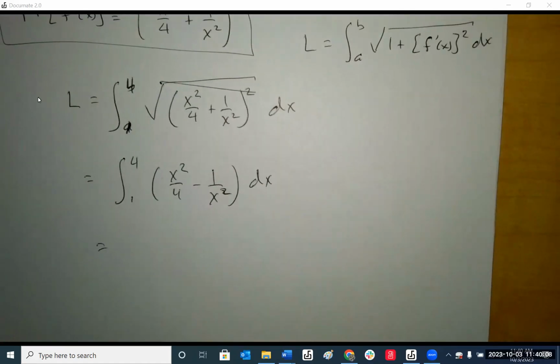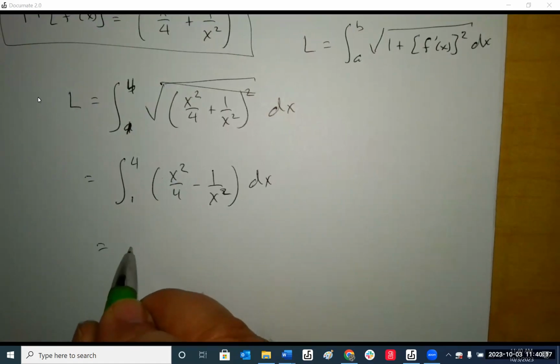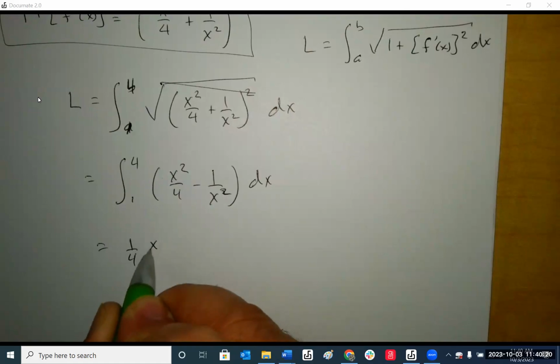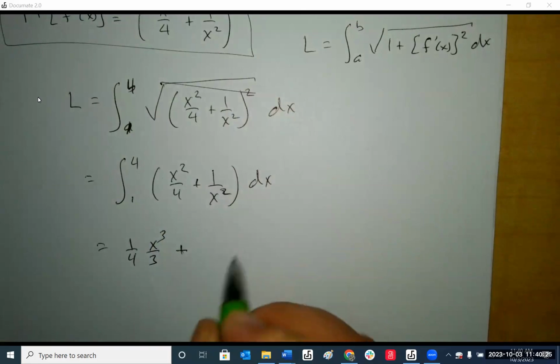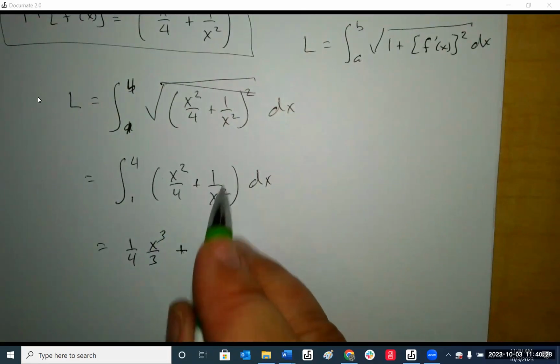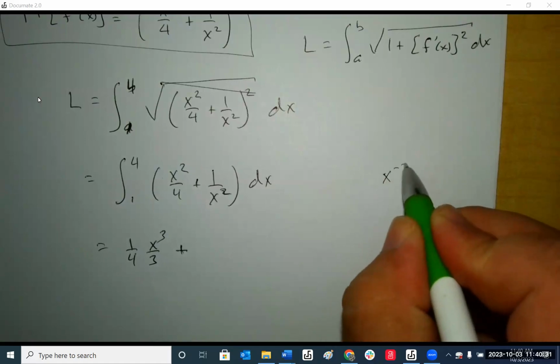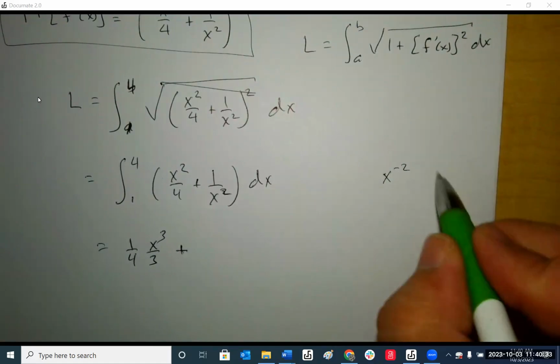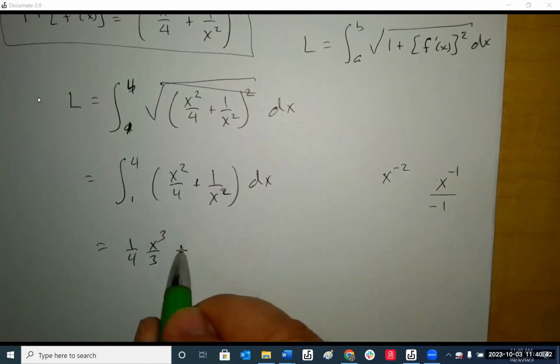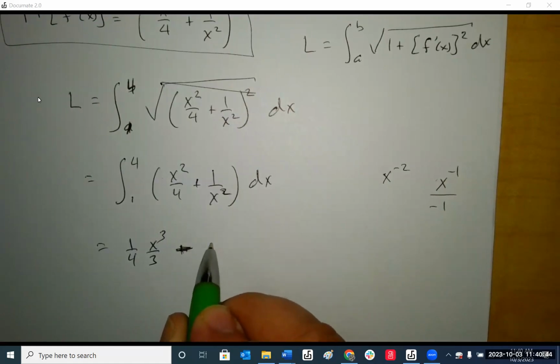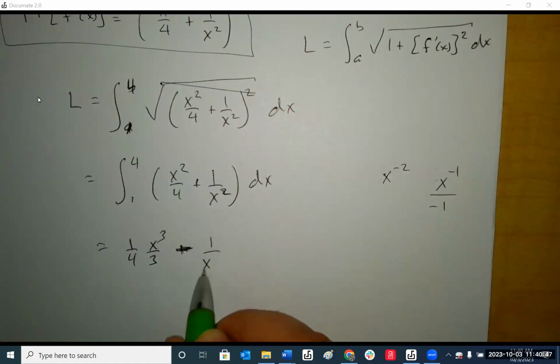What's the integral of this first one? Plus the integral of this one. The integral of x to the negative 2 is x negative 1 over negative 1, which makes it minus 1 over x.